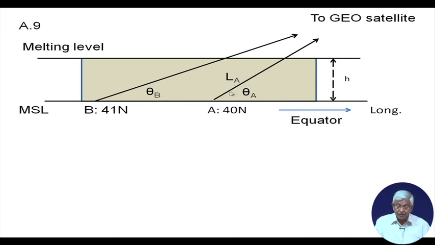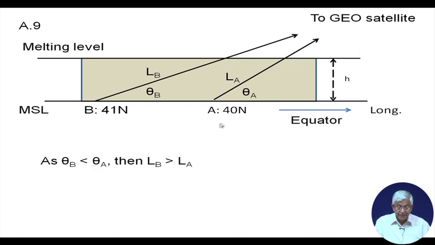There is a path loss in the signal coming to A, a rain attenuation loss, which is L A, and at station B it has a different rain attenuation loss.